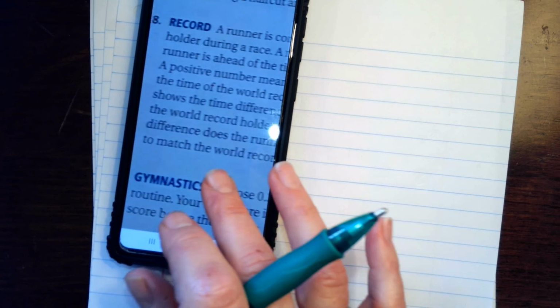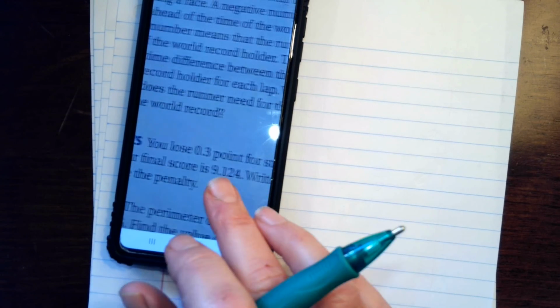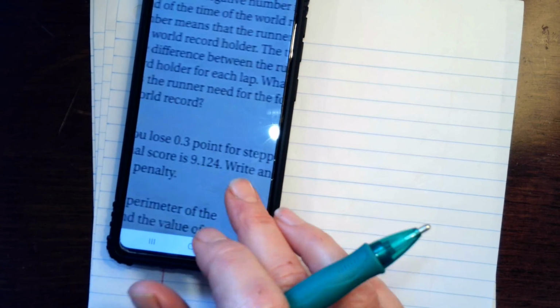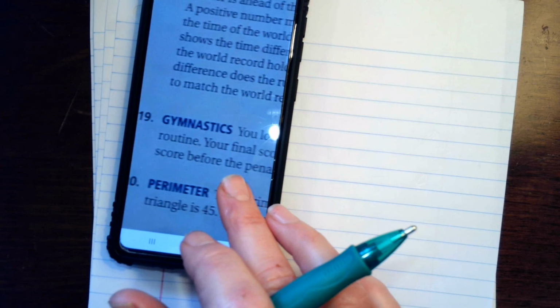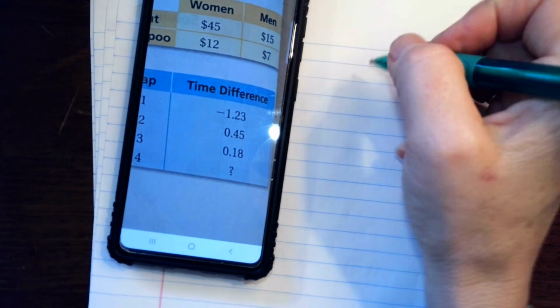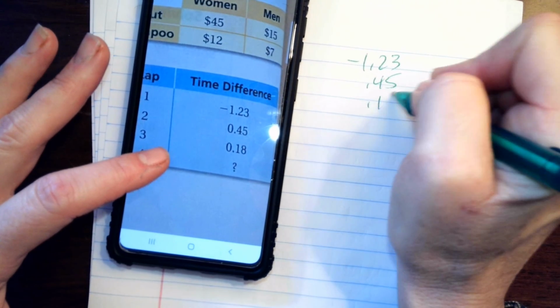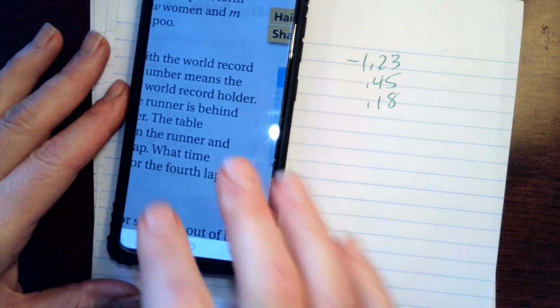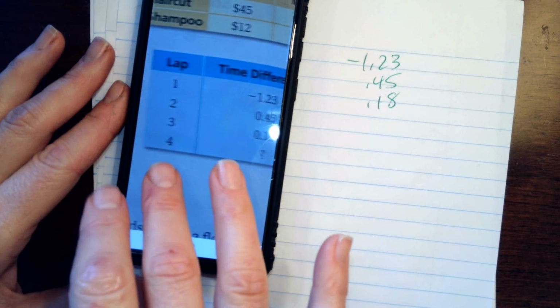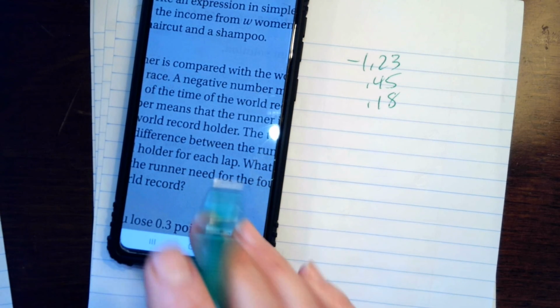The table shows the time difference between the runner and the world record holder for each lap. What time difference does the runner need for the 4th lap to match the world record? So the time differences were 1.23, 0.45, 0.18.